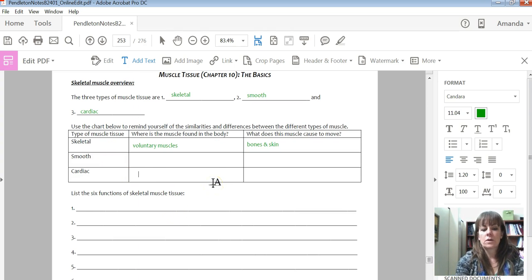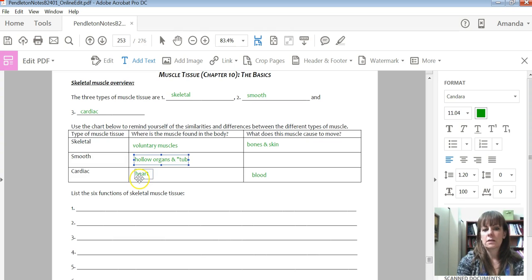Cardiac muscle, of course, is found in the heart, and so as cardiac muscle contracts and relaxes, that's going to cause blood to move through both the heart and actually all of the blood vessels of the cardiovascular system. And then finally, smooth muscle, we're going to find that around a lot of the hollow organs and tubes.